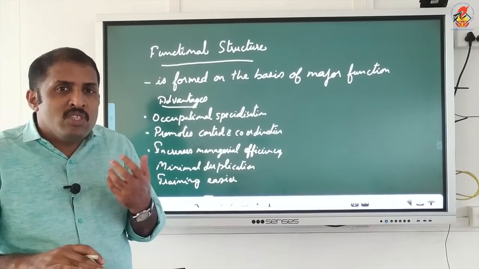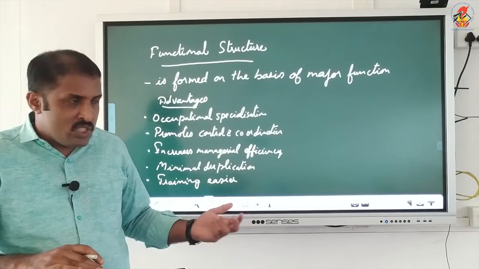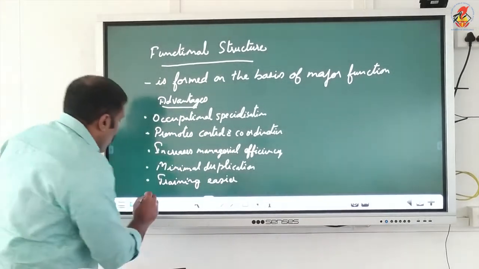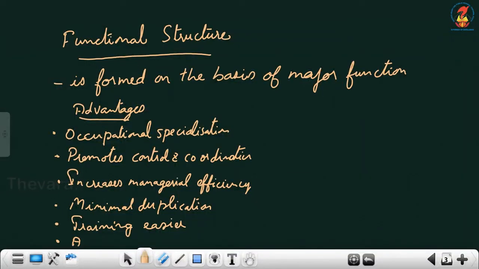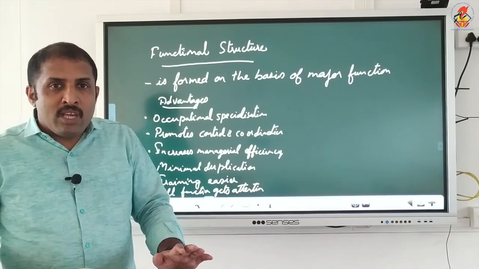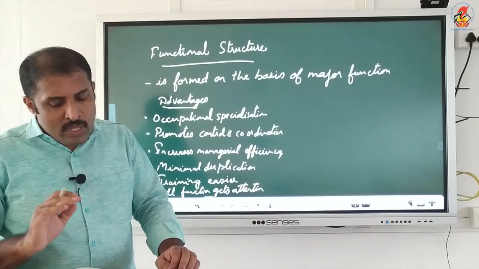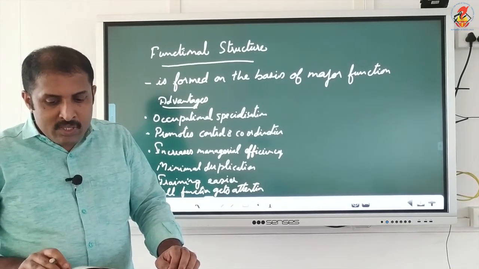So training becomes easier in an organization when it is functional in nature, and it ensures that all functions get attention. Each function is given priority, so every function is getting due importance. That is also another benefit.